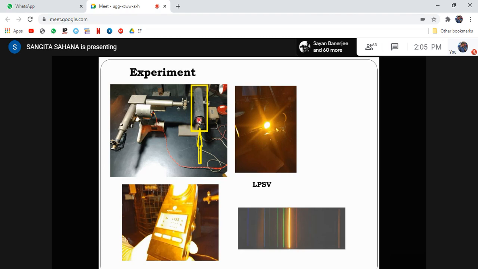We'll place the lamp here. We have to sit here and look through this telescope. So in this prism, we can see this entire spectrum, but not at a time, because this is a very narrow opening. So to see all the colors one by one, we have to rotate the drum, the prism will rotate, and the colors will appear one by one in this small part.